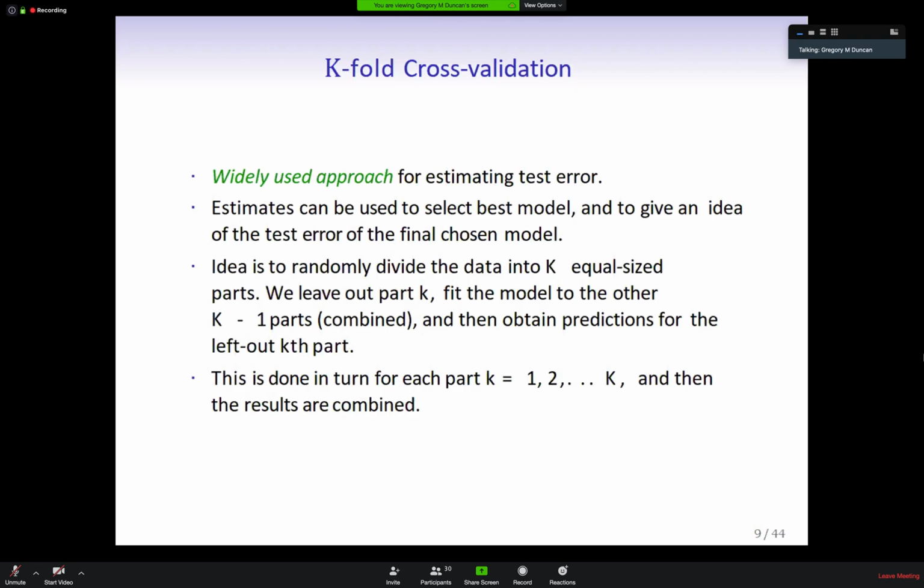Then take the second part. Put the first part back in. Train the model on parts 1, 3 through, say, 10. And predict on the second part and calculate the mean square error for that second part and set that aside. And do that for each one of the K parts.